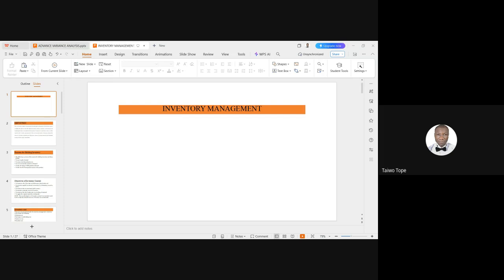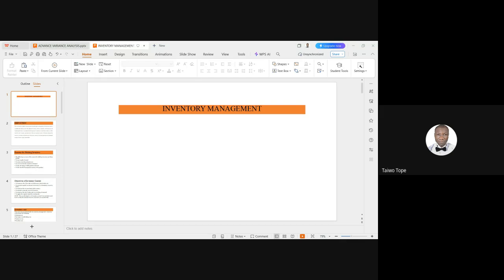That as an organization, you've been in existence and you've set a standard for yourself. For you to be able to meet up with your expected standard, you should know the right raw material to get and the right location to get them. So the process of overseeing all this activity is termed as inventory management.